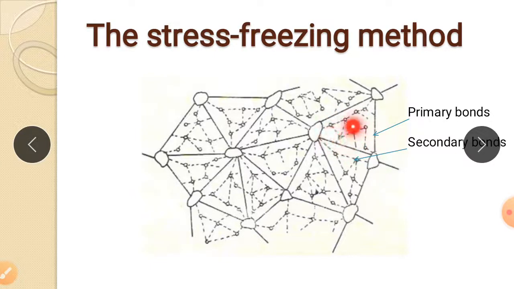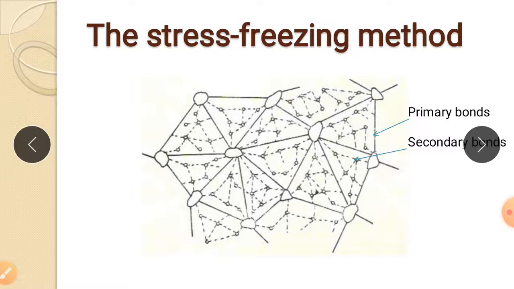When you apply the load, there will be some compression or elongation in the material, because of which stresses develop inside the hydrocarbon chain. And then you remove the temperature.